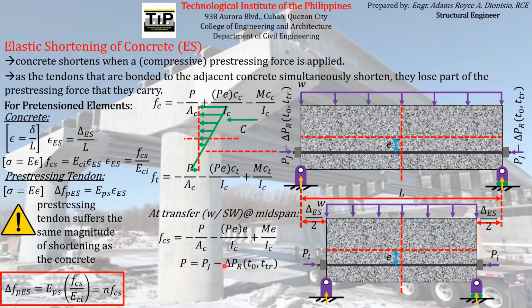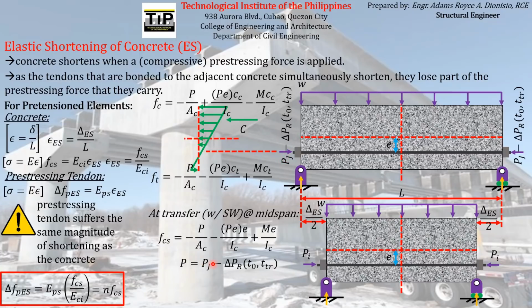We all know that the magnitude of pre-stressing force actually transferred to the concrete element is not equal to the jacking force itself, but to a certain value that is lesser than the jacking force.